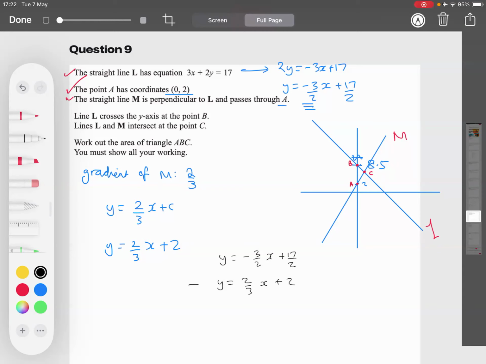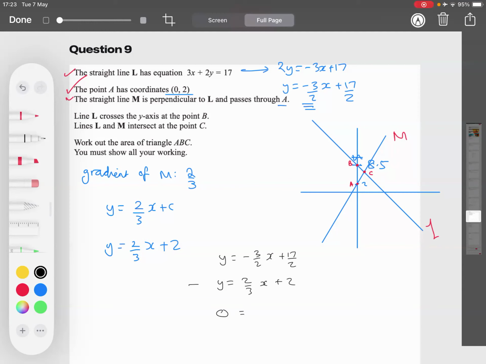The y's are already the same, so we can just minus them. The good way to check if your simultaneous equation is done correctly: y minus y is 0. If I get that 0, I'm doing it correctly. If I get 2y, I'm doing it wrong. Does that make sense?